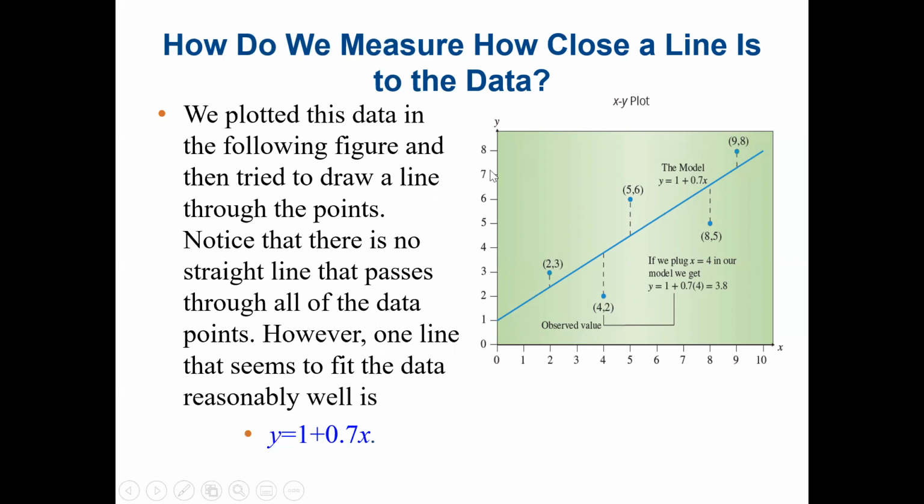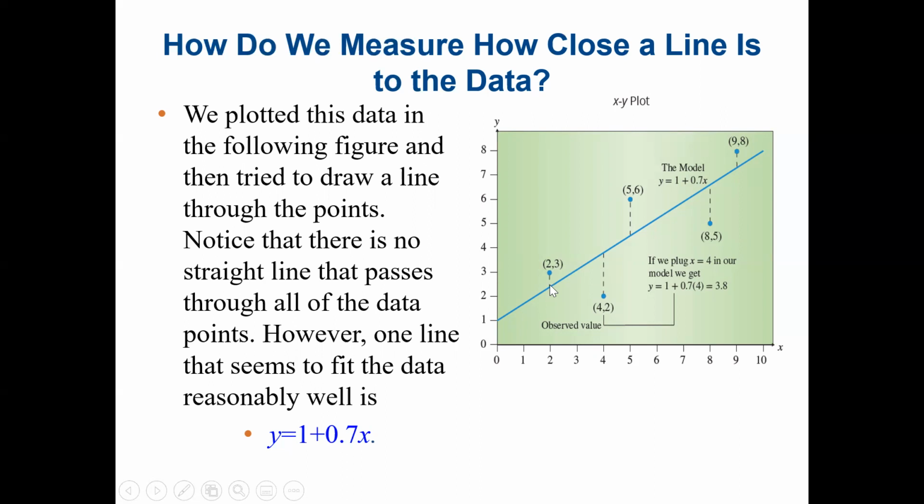So the first thing we do now is that we have the actual value, the observational value. Then we plot our line, then we get the best fit line. Now we can see that there's a vertical line between the actual point and the line. In this case, y is 3, my first point here.